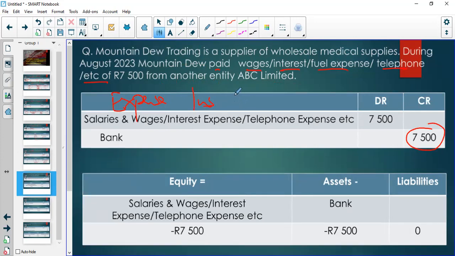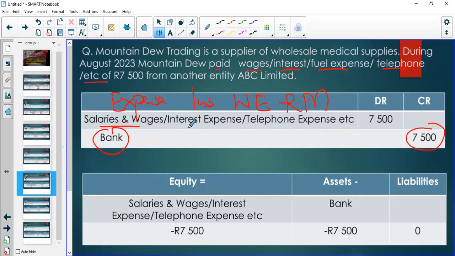If it is water and electricity, we debit that. If the payment was made for repairs and maintenance, we debit that. If it was for stationery, debit that. For cleaning, debit that. All right. Okay. So whatever expense, we're gonna debit it. But because we paid by cash, we're gonna credit the bank account.